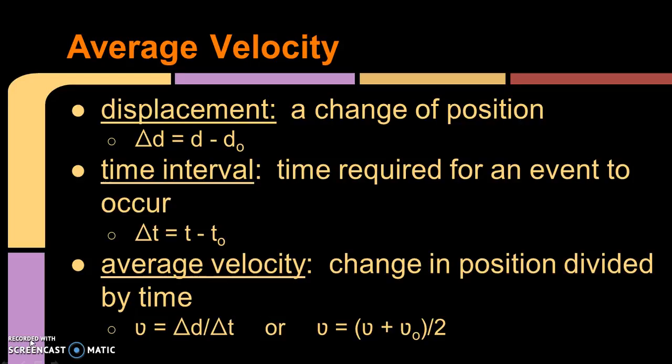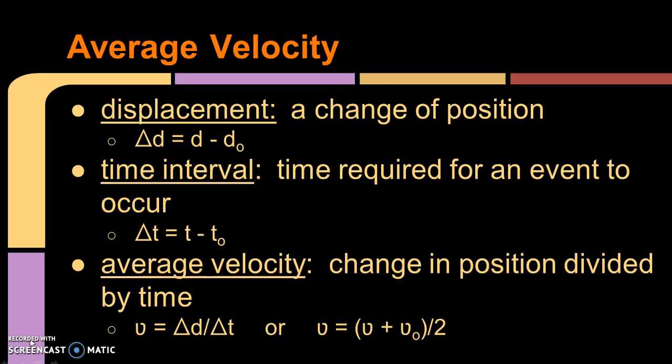This all culminates, all these terms come together to give us these final pieces. Displacement, a change of position, delta D. The time interval through which a change occurs, delta T. The final time minus the initial time.